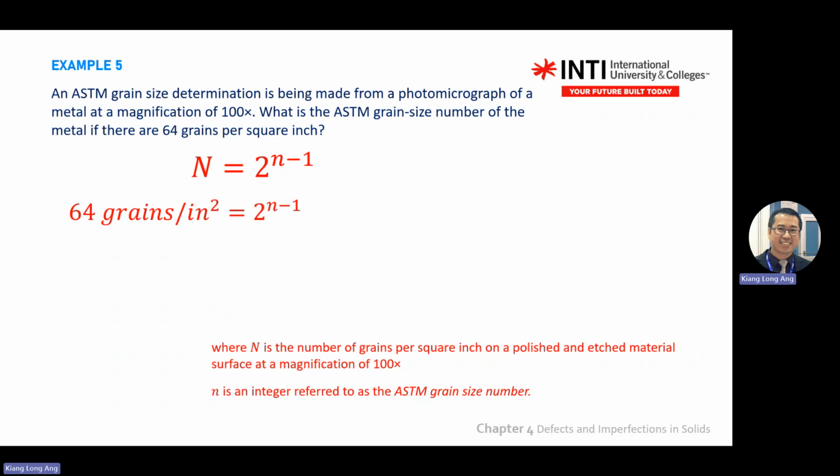N given in the question, 64 grains per square inch equals 2^(n-1). Because you want to eliminate the exponential base number 2, what you do is you use log. Log left side, log right-hand side, you can pull the n minus 1 to the front. Then you use your calculator, rearrange, you get n equal to 7.